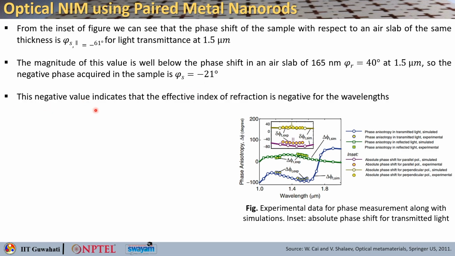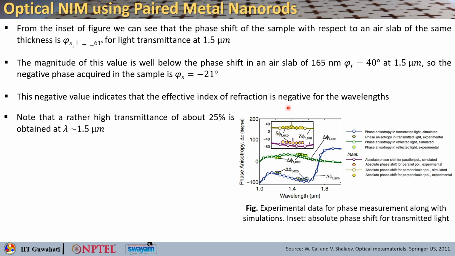Now this negative value indicates that you have a negative index of refraction, and that is for those particular wavelengths. So your effective index of refraction is coming out to be negative. This is a method to measure, along with the simulation, the phase shift of the transmitted light.